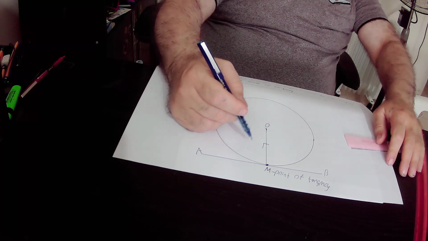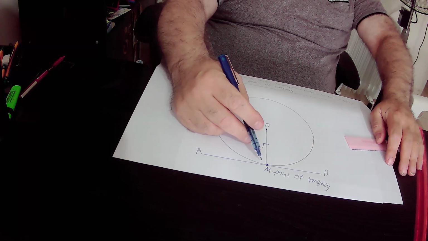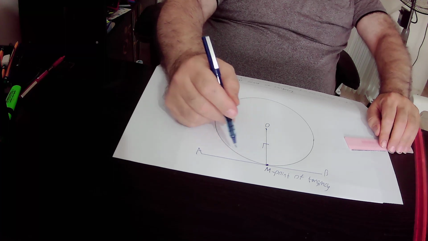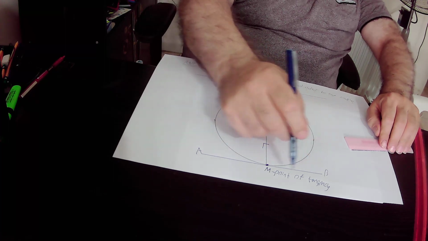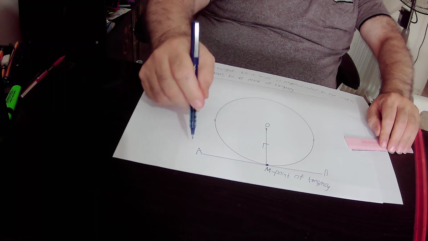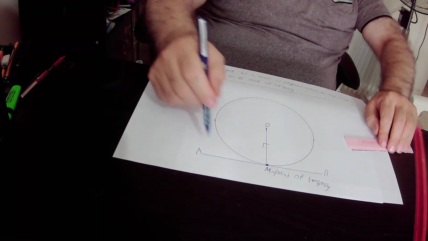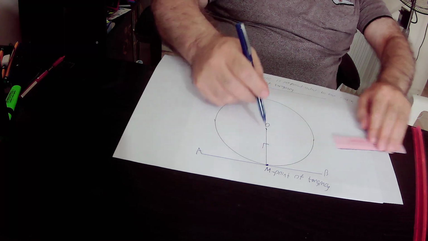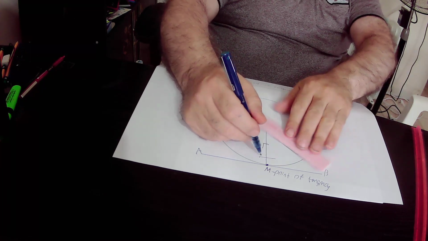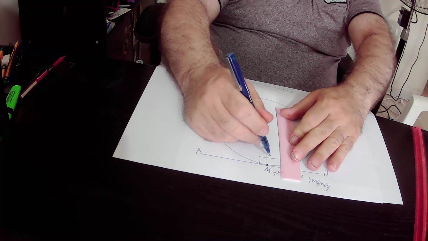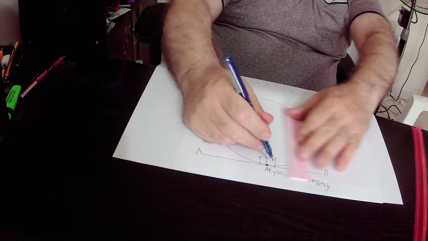And whenever you have a radius that is drawn to the point of tangency, like in this drawing, then the tangent will be perpendicular to that radius. In this case, the tangent AB will be perpendicular to the radius MO. So AB is perpendicular to MO. That is to say, this angle will be equal to 90 degrees and this angle will be equal to 90 degrees according to rule number 1.